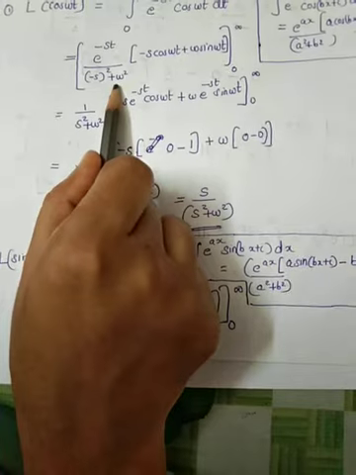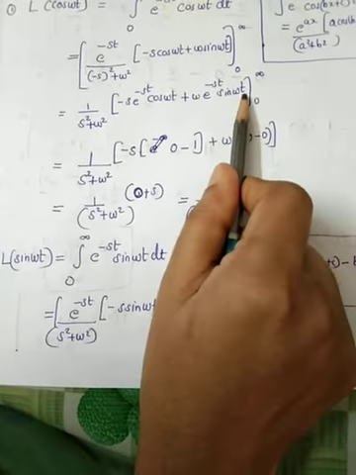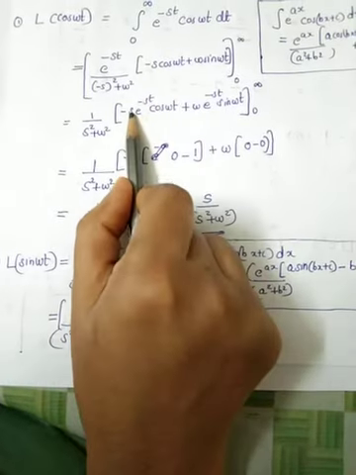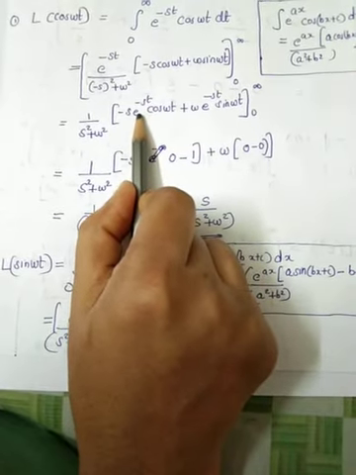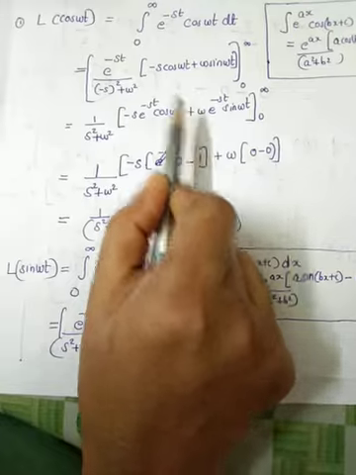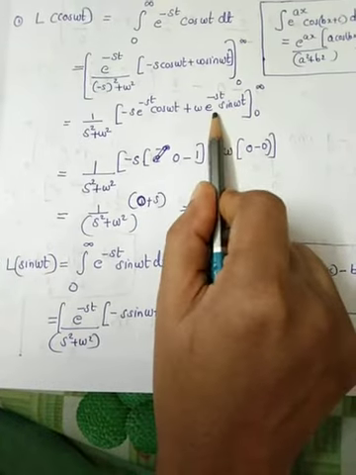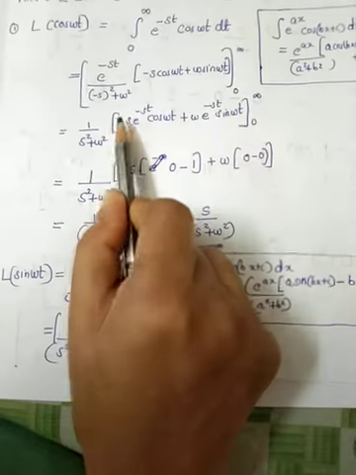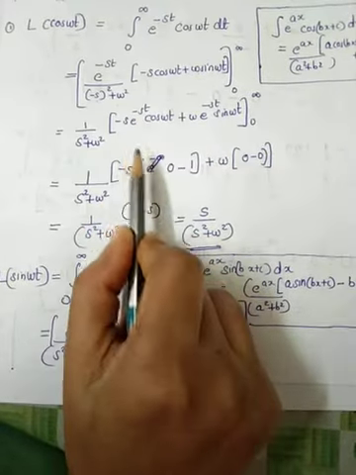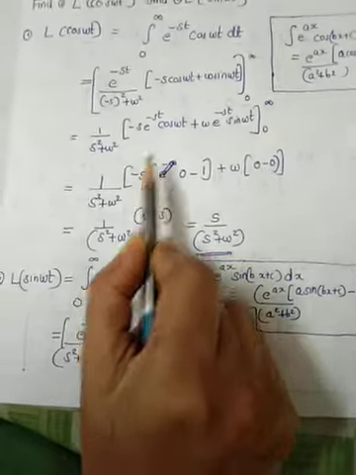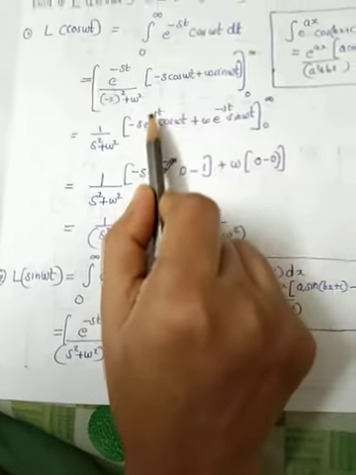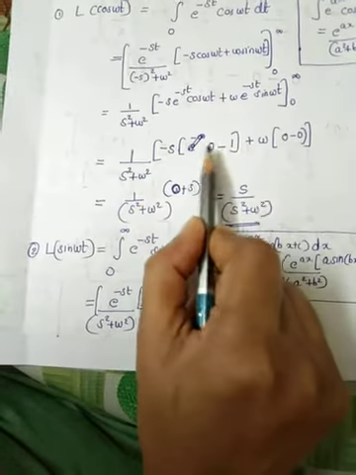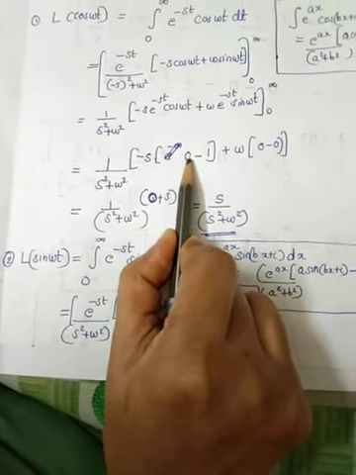Then 1 by s square plus w square is independent of the variable t, so we take it outside. The first term is minus s into e raised to minus st cos wt plus w into e raised to minus st sin wt. Applying the upper limit, minus s is constant, so taken outside, minus s into, applying the upper limit infinity, e raised to minus infinity is 0, therefore the upper limit gives 0.